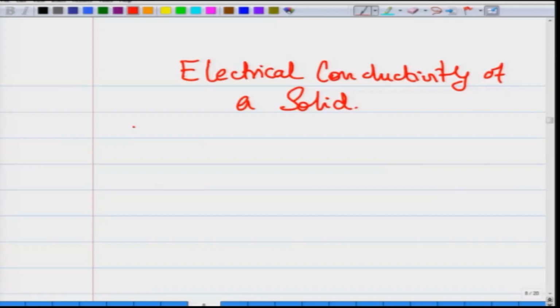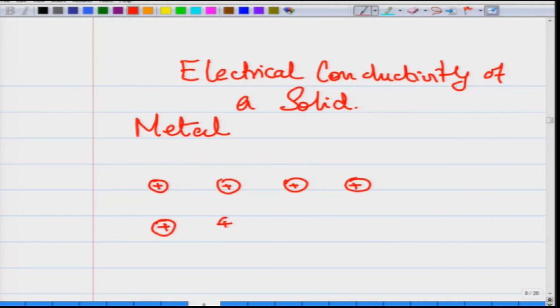Now, a solid has atoms, and we will essentially study a metal. So, what is a metal? A metal has atoms which are such that the outermost electron in that atom is loosely bound to that atom and it gives up that electron.